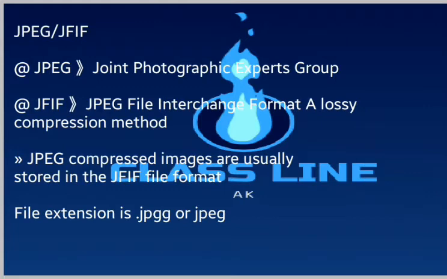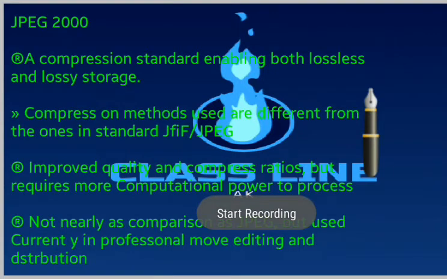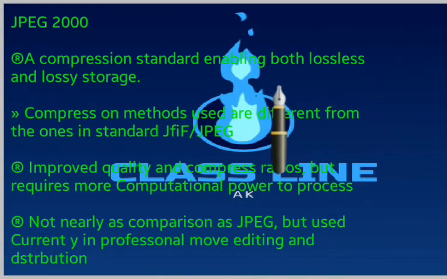JPEG 2000, a compression standard enabling both lossless and lossy storage. The compression methods used are different from the ones in standard JFIF or JPEG.